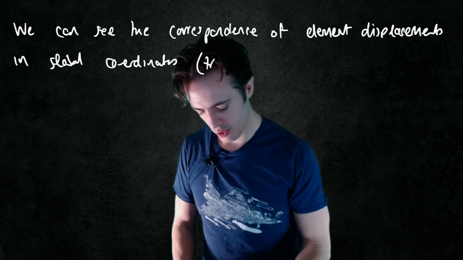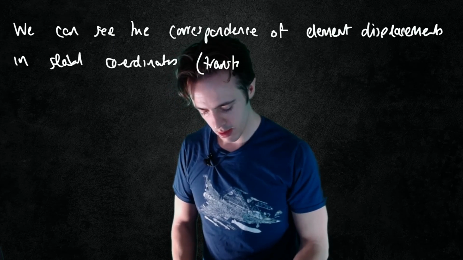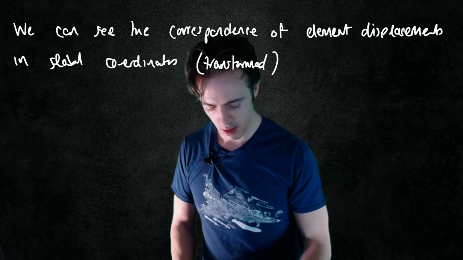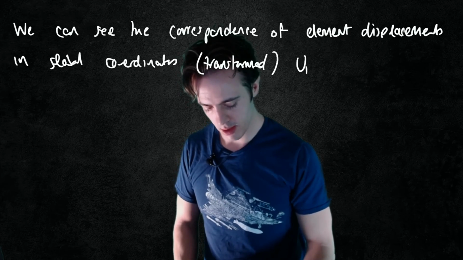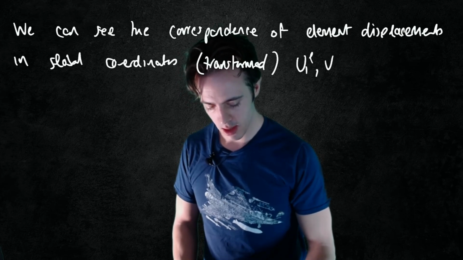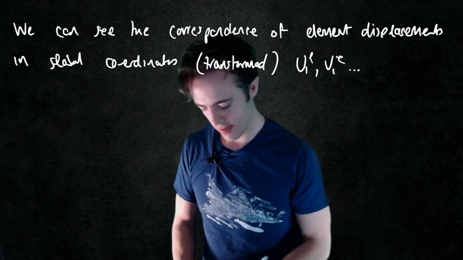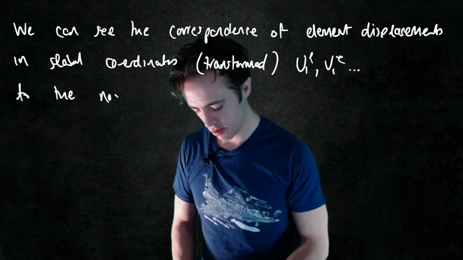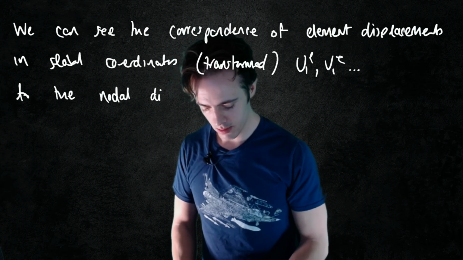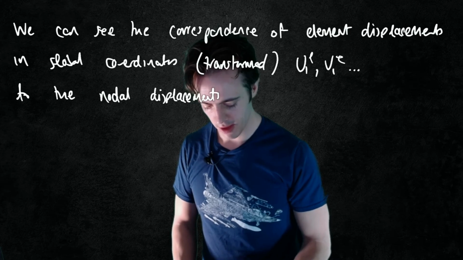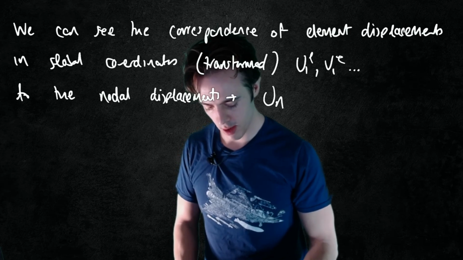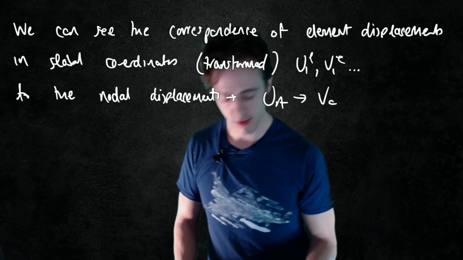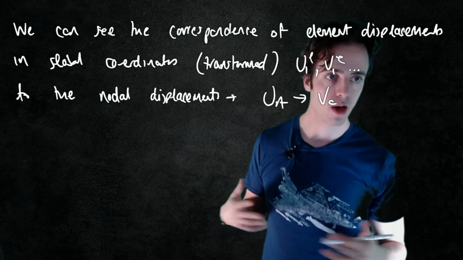So this is the transformed ones. For example, this is u1e, v1e, etc. to the nodal displacements. For this problem, that's simply equal to UA all the way through to VC. We've got 6 displacements, 3 nodes, 2 displacements they've each got.